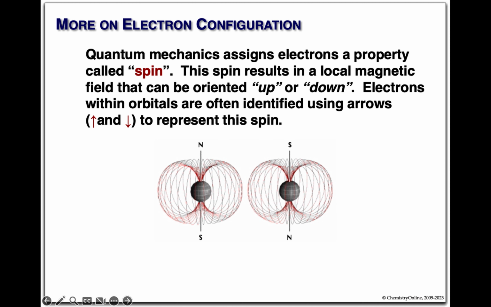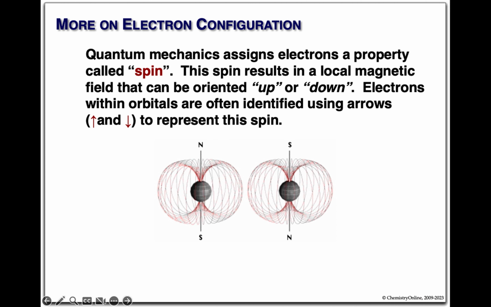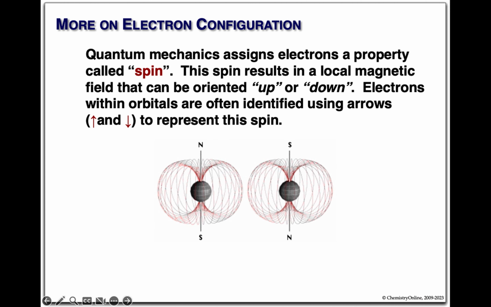Because it's charged and has this property of spin, it generates a magnetic field. That magnetic field can be oriented up or down. We show little arrows up and down. Now, basically, we're not going to do a whole lot of the up and down arrow things, but it's nice to understand where they come from.